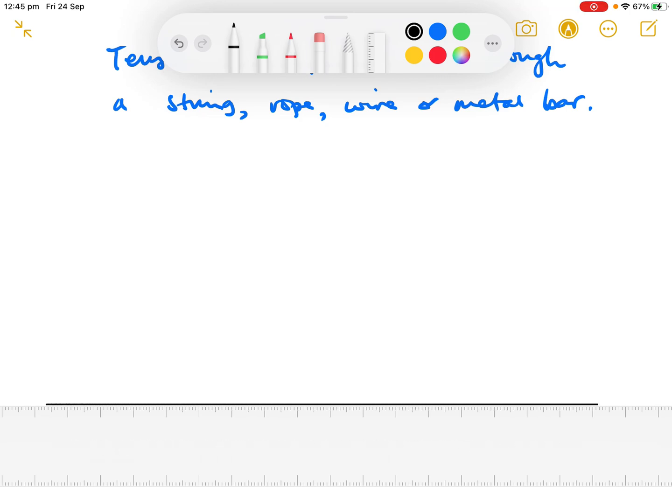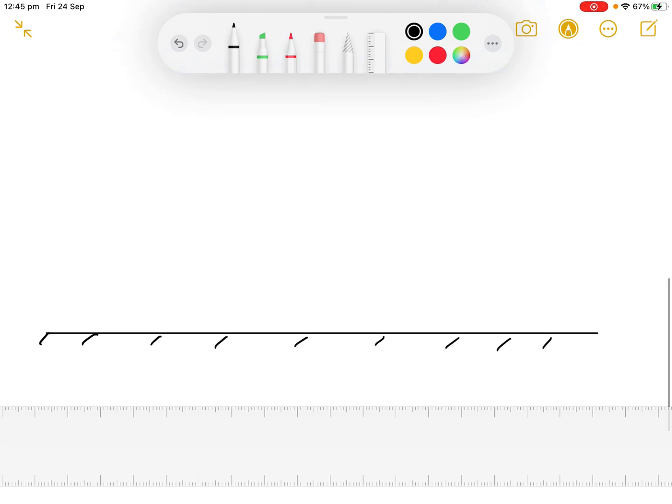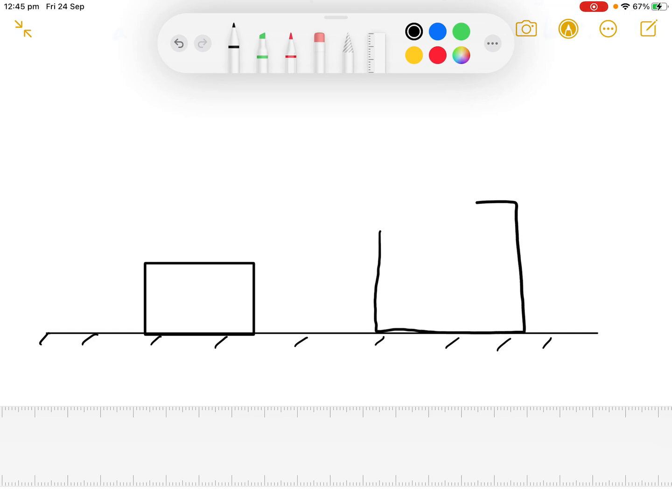So here's the situation diagram. And we'll have typically two bodies, which I'm just going to represent as rectangles. They needn't be the same size, so I'll try and make one of them look a bit bigger.